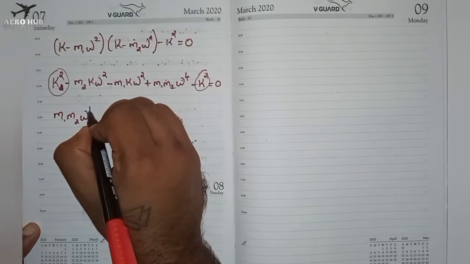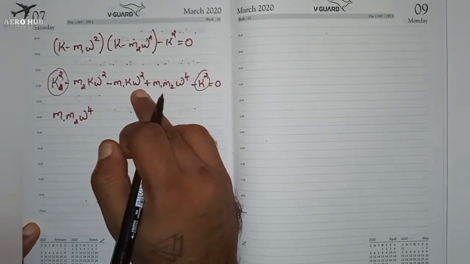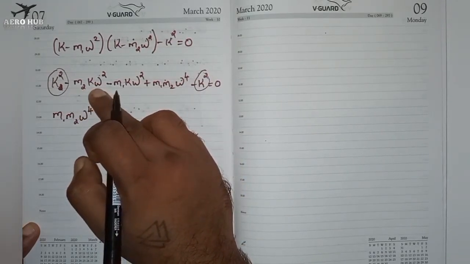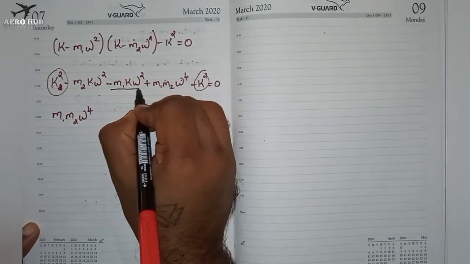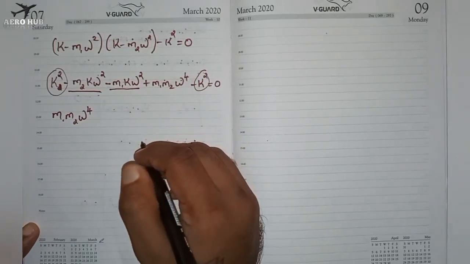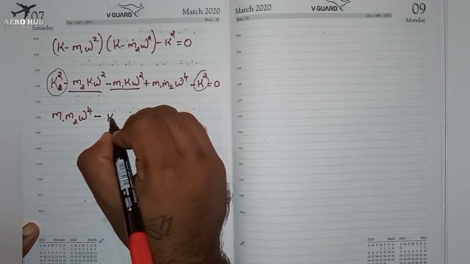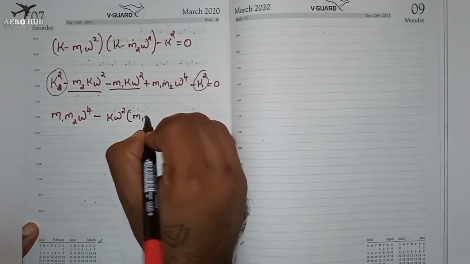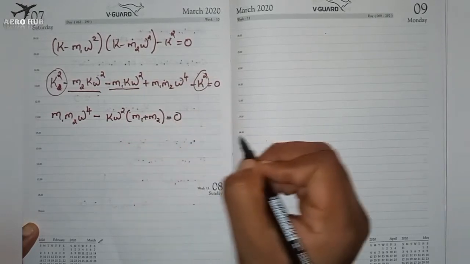So finally we get m1 m2 omega power 4, minus m1 k omega square, then minus m2 k omega square. K omega square is common, and I will take minus of k omega square into (m1 plus m2), which will be equal to 0.